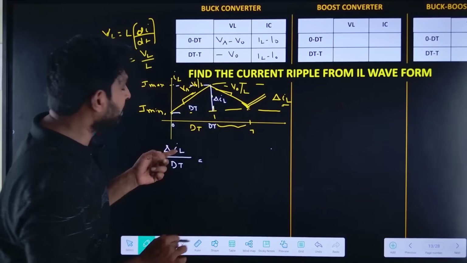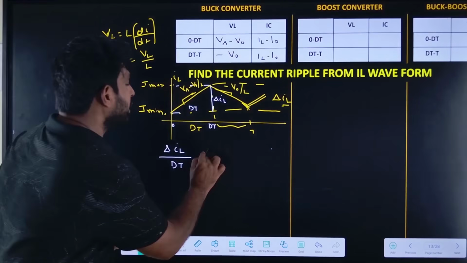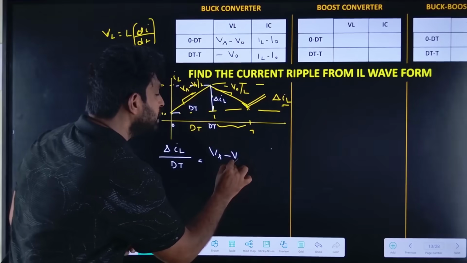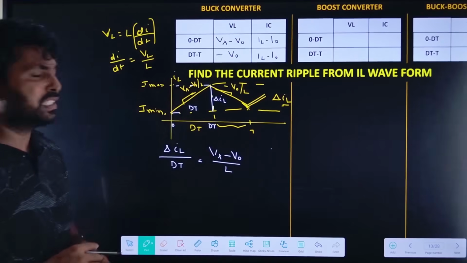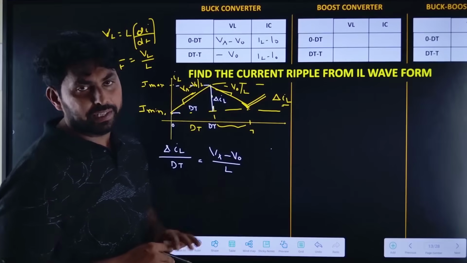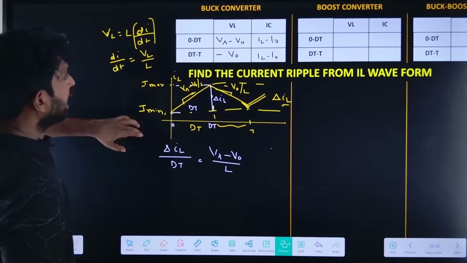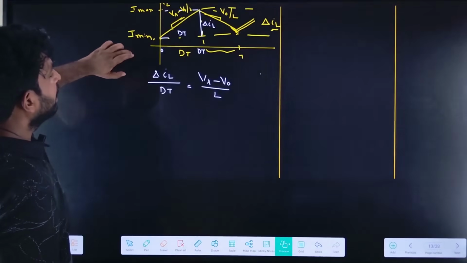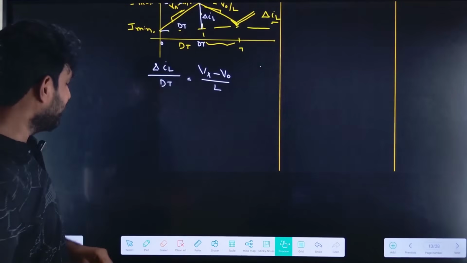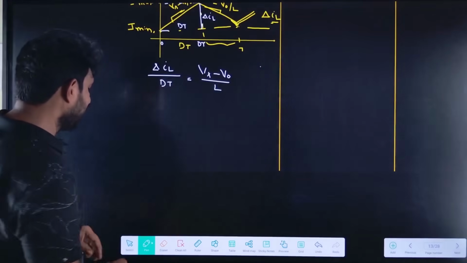Y2 minus y1 by x2 minus x1 is equal to the slope, Vs minus V0 by L. Simple. The slope we have found, Vs minus V0 by L. Now, from this, we can find the delta I.